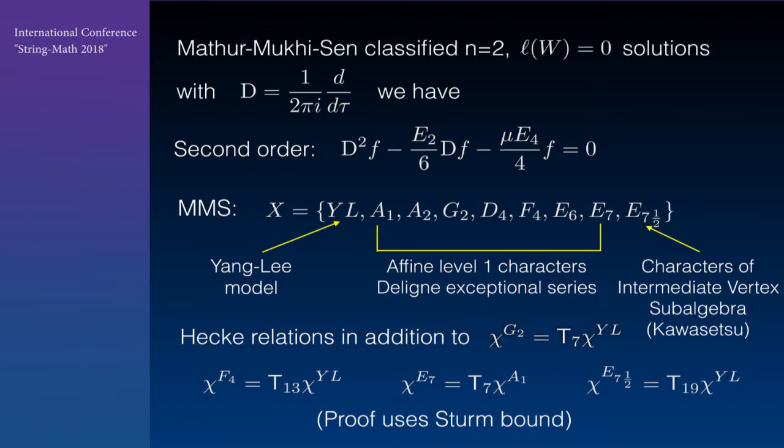So there's one coefficient mu, and you can then solve this by the usual, well, Frobenius appears again, the usual Frobenius method, and you find 2 independent solutions depending on mu, and you can classify all values of mu that lead to solutions that are consistent with there being characters of a rational conformal field theory.